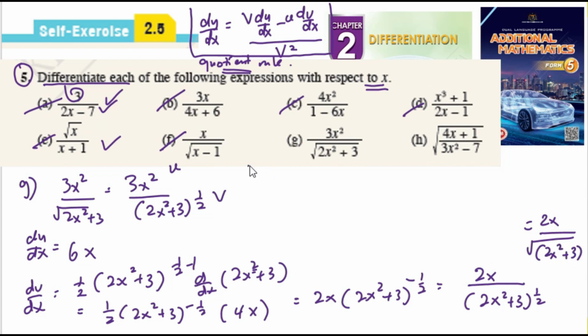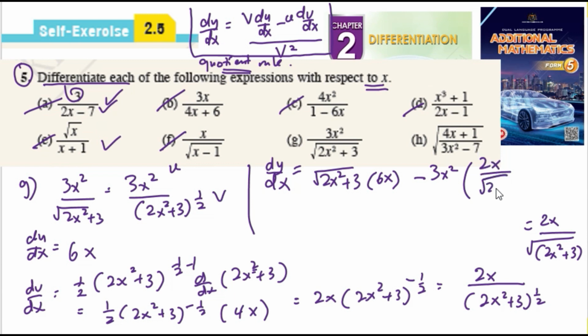Alright. So here dy over dx is equal to, our v here is this one, the square root of 2x squared plus 3, times du over dx, which is 6x, minus our u here, which is 3x squared, times our dv over dx, which is this one, 2x divided by the square root of 2x squared plus 3.